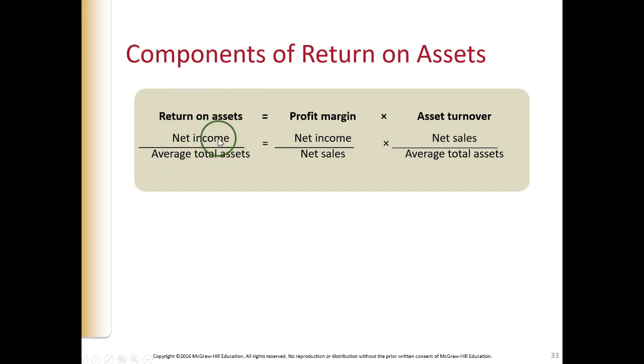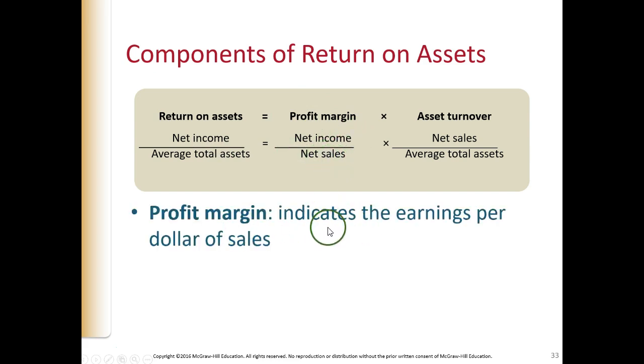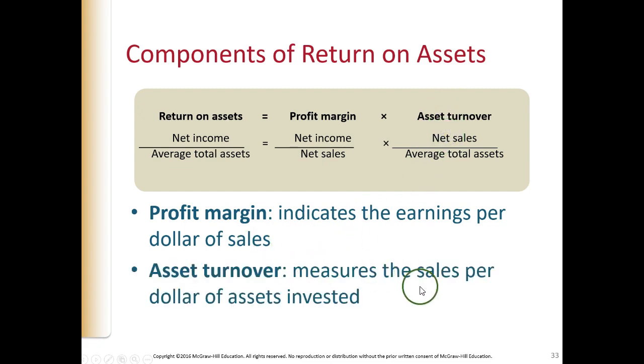You can expand that formula a little bit, and it breaks out into two parts. There's the profit margin, which is net income divided by net sales. How much earnings you have per dollar of sales is what that shows. Asset turnover measures the sales per dollar of assets. How well are you generating sales based on the average assets you have invested in the company? So we have three new ratios really in this chapter.